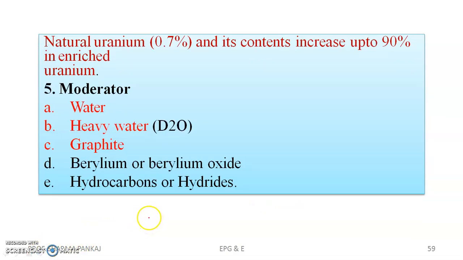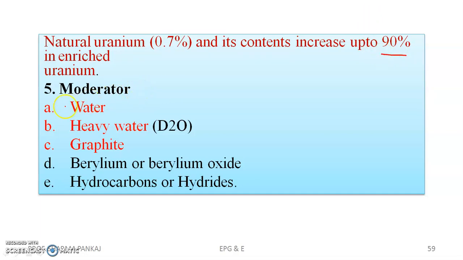Natural uranium, that is 0.7%, and its contents increase up to 90% in enriched uranium.